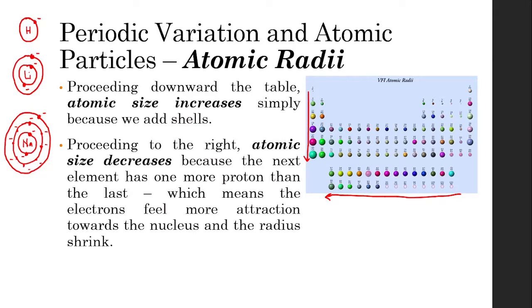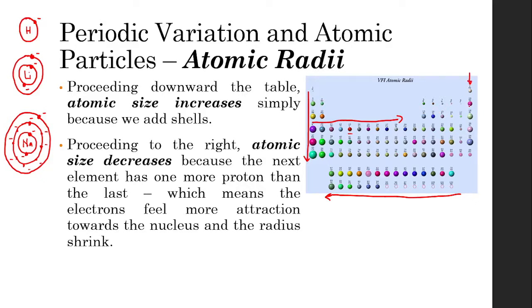Moreover, if you go on the opposite side, proceeding from the left going to the right, the atomic size decreases. So if you see right here, if you start at potassium and go towards this side, you would see that the size of the atoms is actually decreasing. Of course, there's an exception, which is when you arrive at the noble gases.